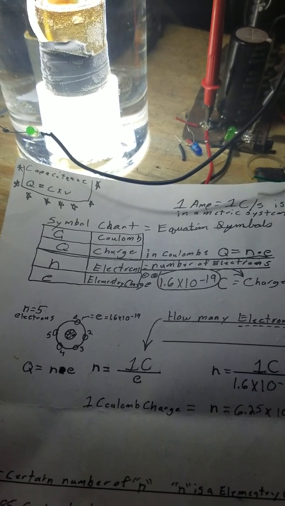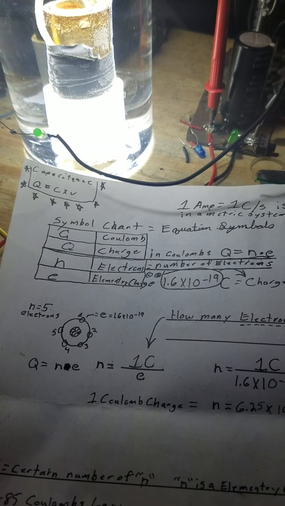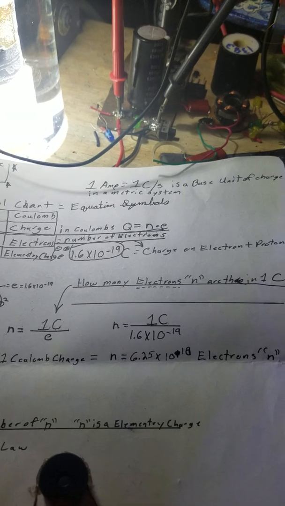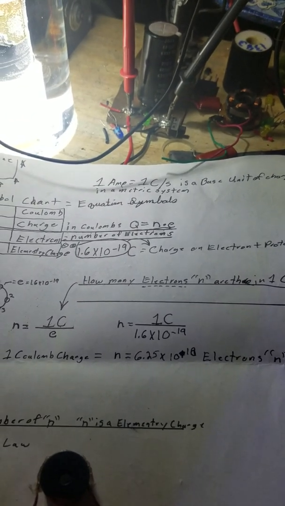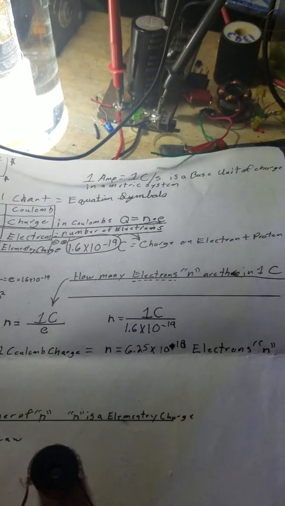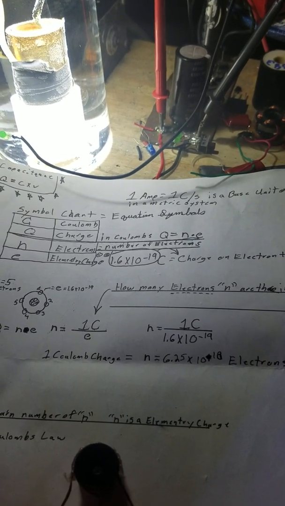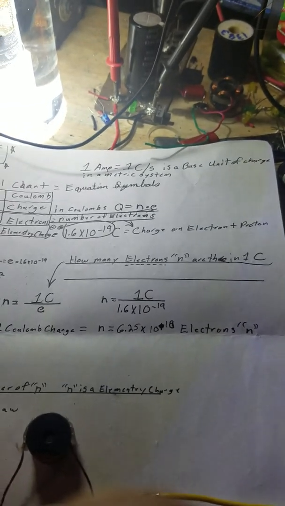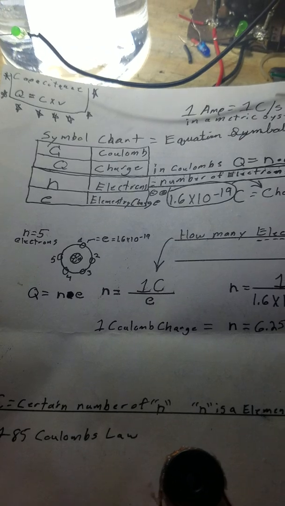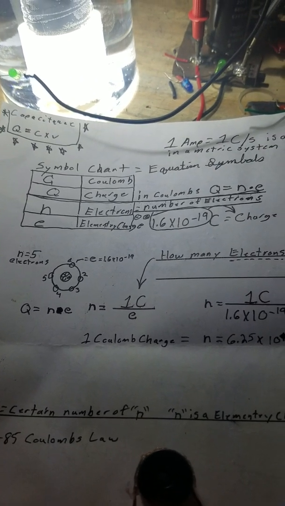It is actually the number of electrons times the elementary charge, which is the charge on electron plus proton. How many electrons, the number of electrons in one column? Well, there's your formula right there: N equals one column over the elementary charge.